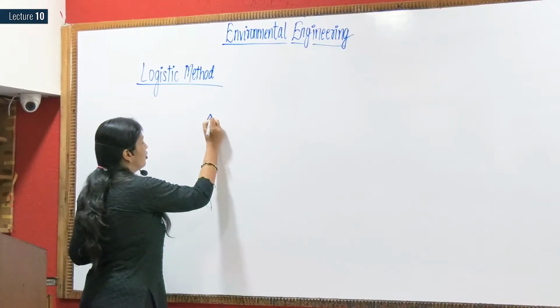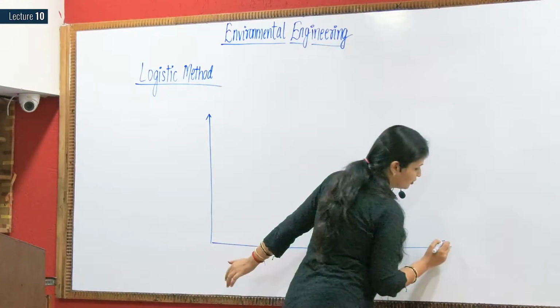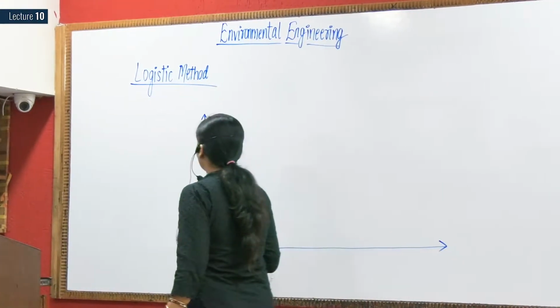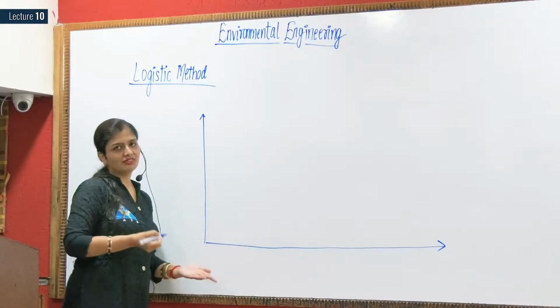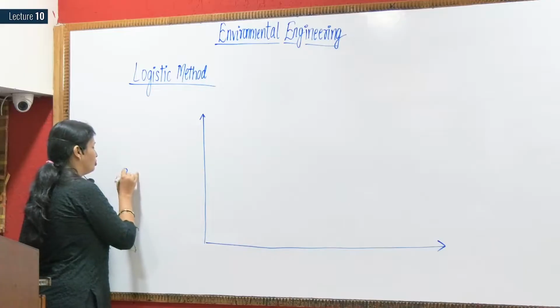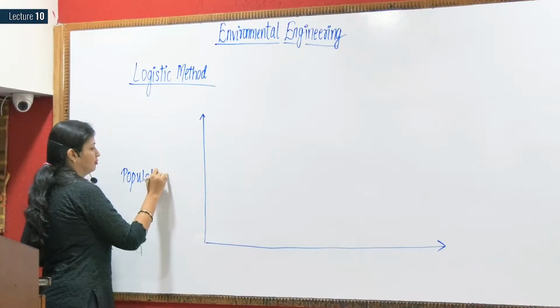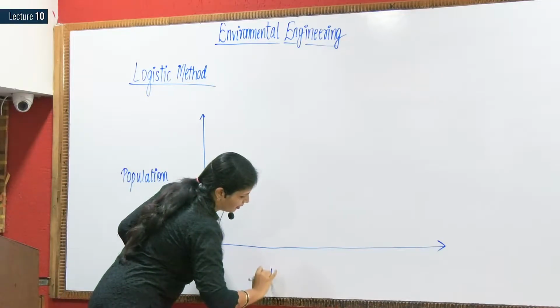Now, I have already told you, when we dealt with all the previous population forecasting methods, we have the population, and the time corresponding to that population. So let's plot that. You have population here, and time here.